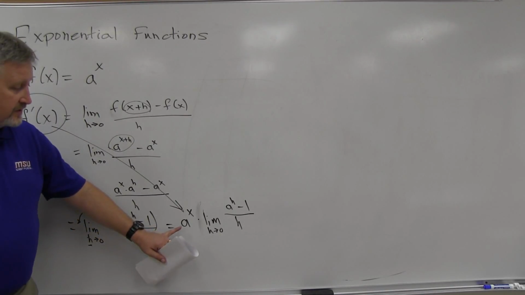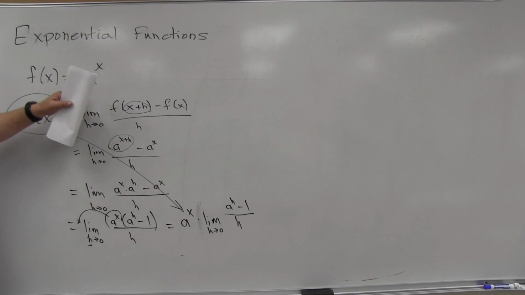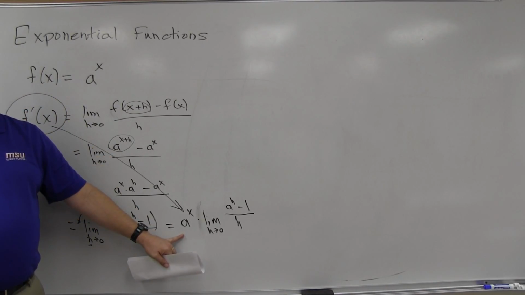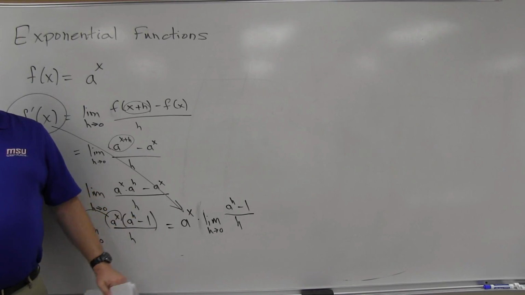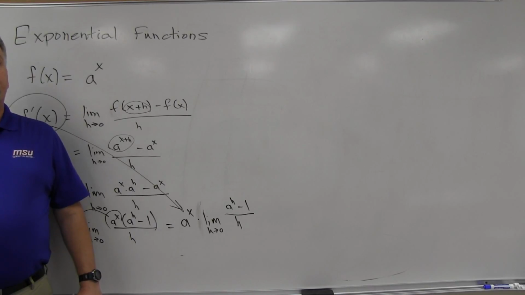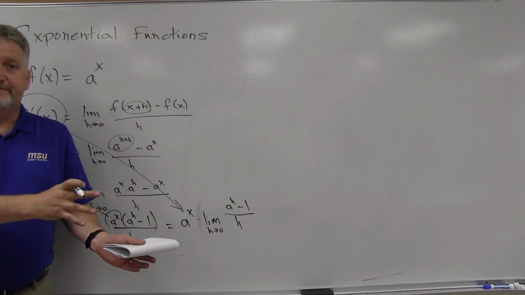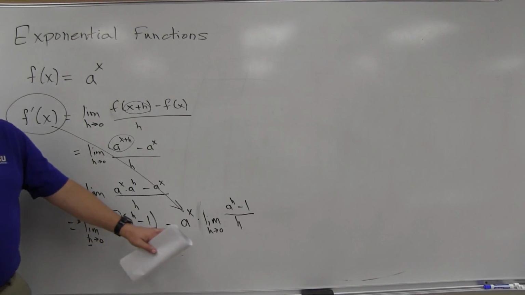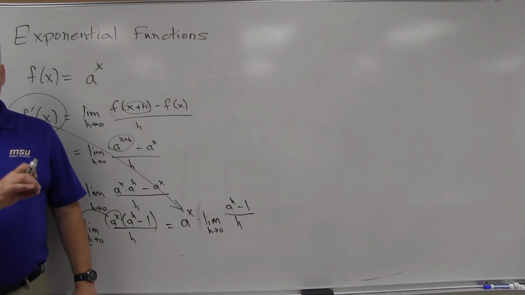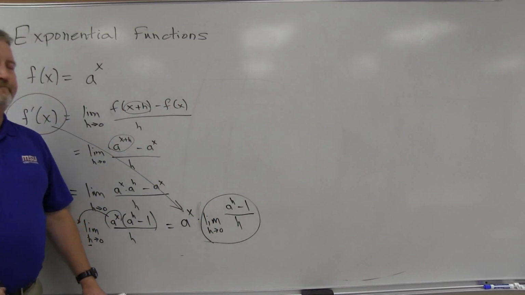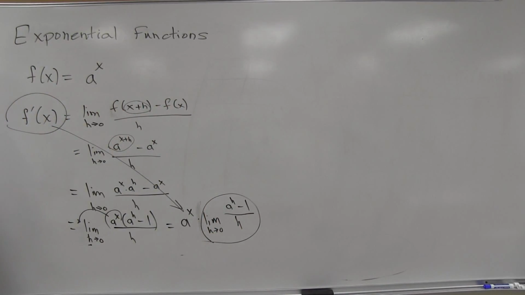And so notice one thing about the derivative of a to the x: part of the derivative is itself. So the derivative of a to the x, or a number to the x power, part of it is itself. That's interesting because we've never had that happen. Part of the derivative of a to the x is a to the x. Now this other part, what I'll say about that is that it just turns out to be a constant, a number.